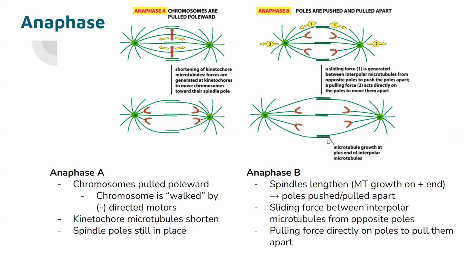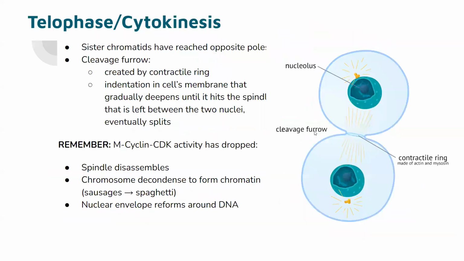So part of that is the growing of the plus ends of the interpolar microtubules. And as these kinesin-5 start walking towards the plus ends, these microtubules start growing, and this starts to get longer so that the cell can grow to a size where it can be cleaved in two to create two different cells.